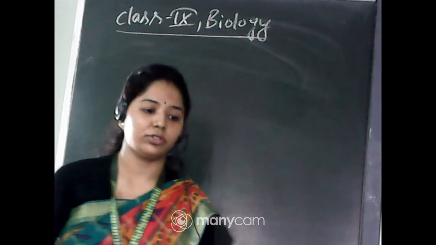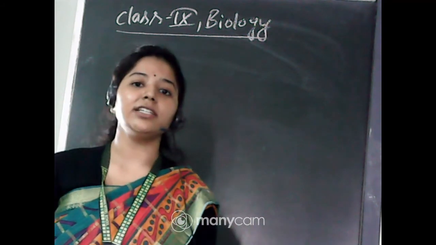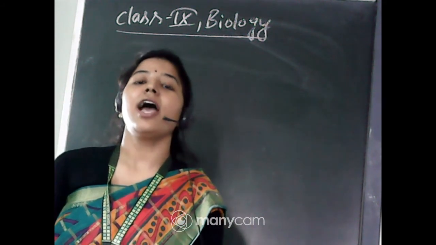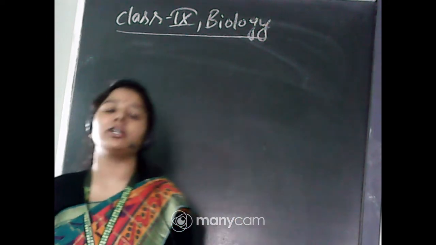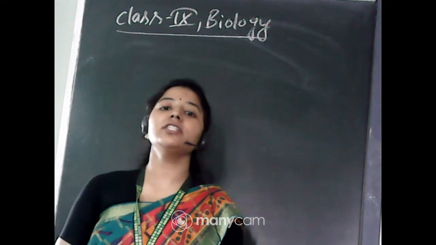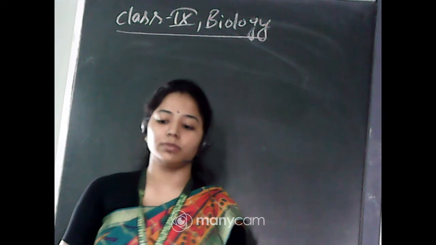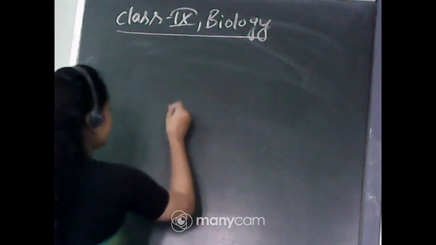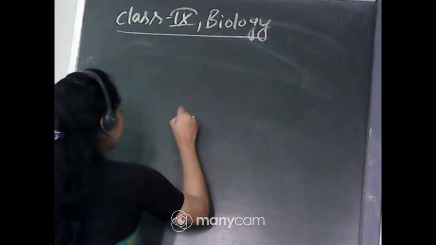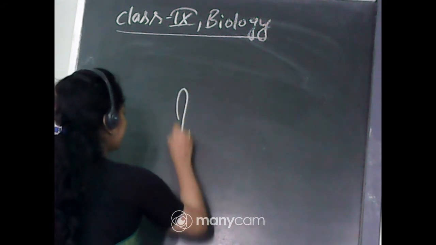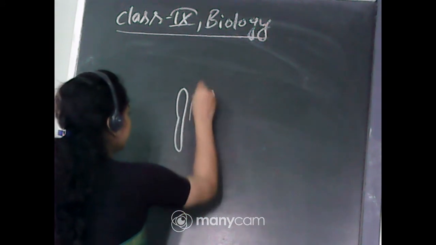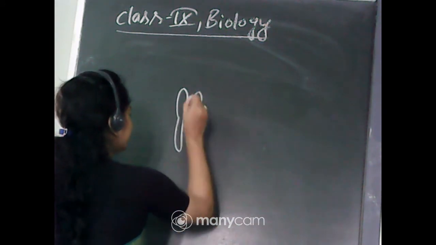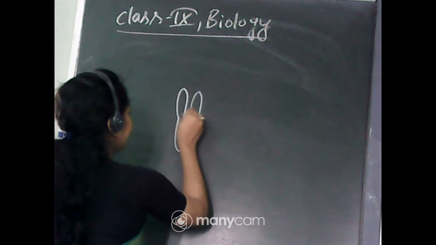Okay, very good. So chromatins are thin thread-like structures, and during cell division and reproduction, this chromatin fiber condenses to form a chromosome. Now, what is this chromosome? A chromosome looks like two long threads, interconnected by a structure.